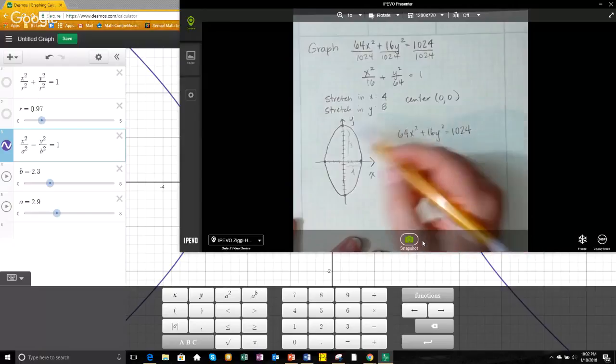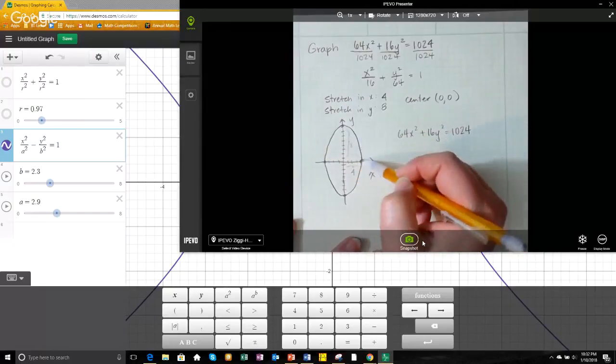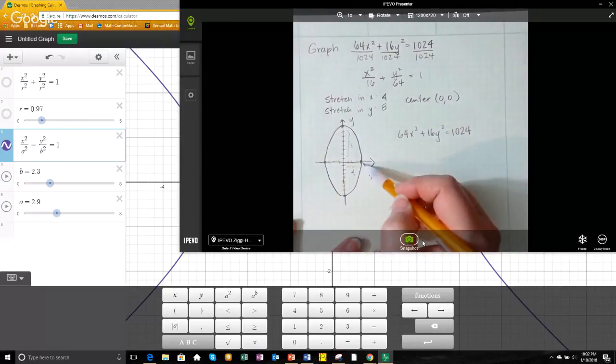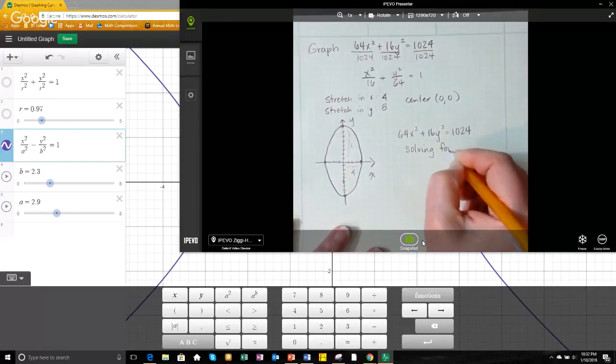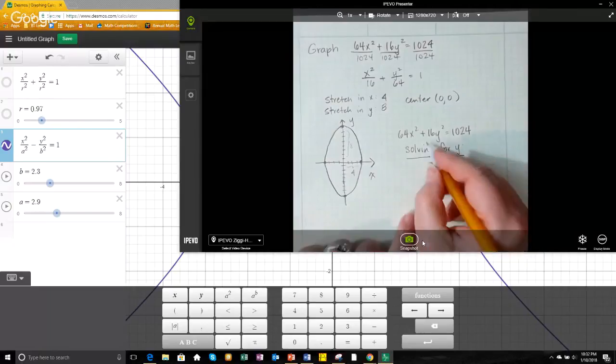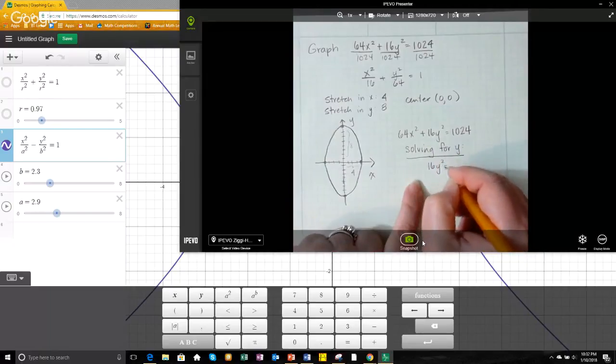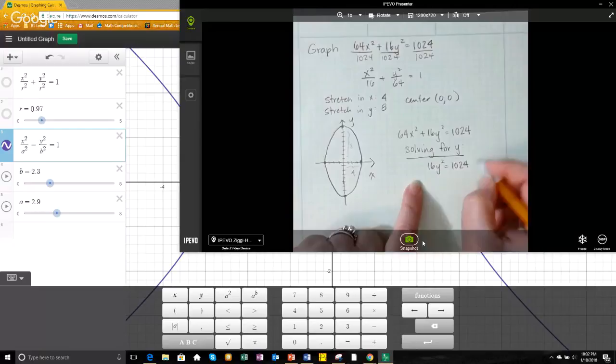This is implicitly defined, and I could find the upper half, that would be a function, and a lower half, and that would be a function, by solving for y. So I could say 16y squared equals 1024 minus 64x squared.